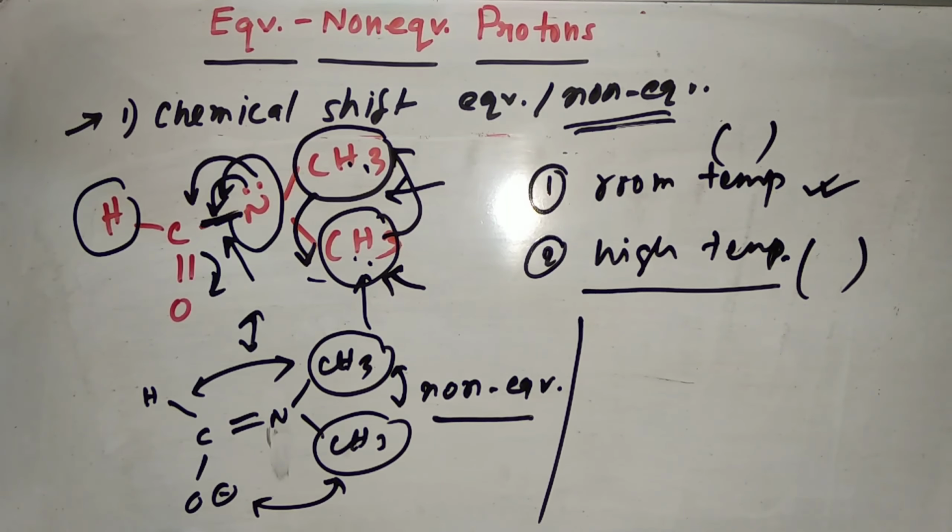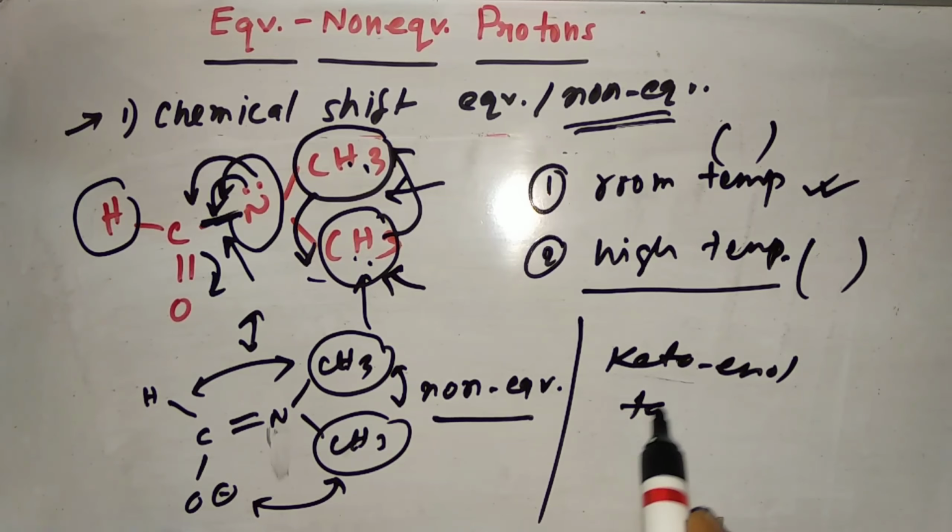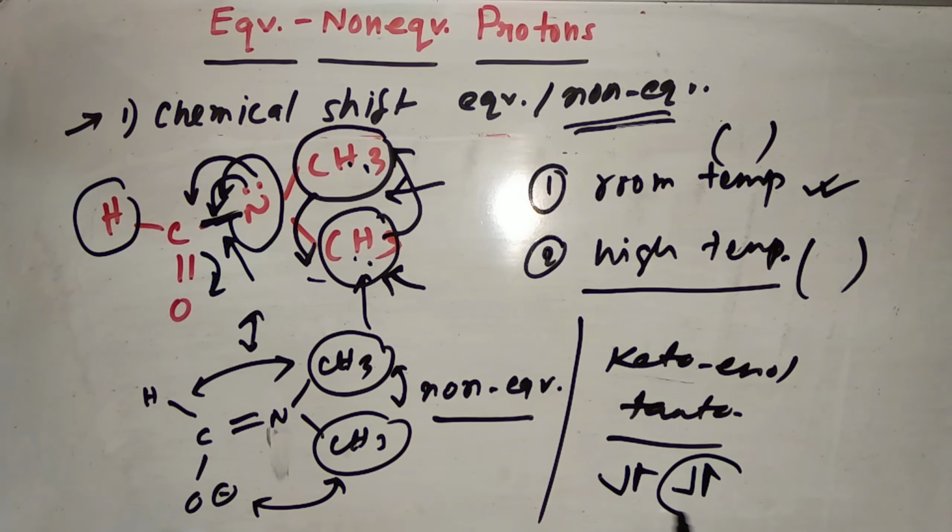A similar case you can see in keto-enol tautomerism. So what happens here? At low temperature the enol form is stabilized, but at high temperature the conversion between keto and enol form is very rapid, and that causes the interconversion between the keto and enol form to be very fast.